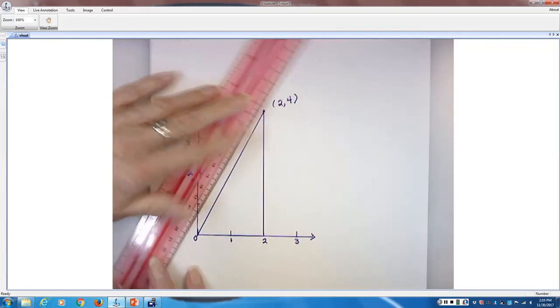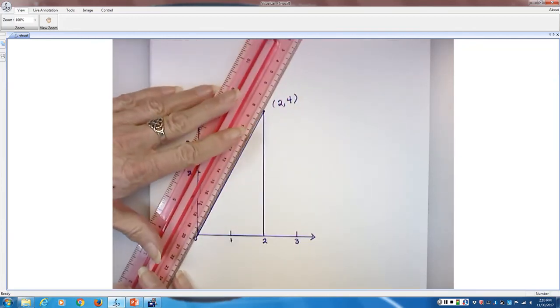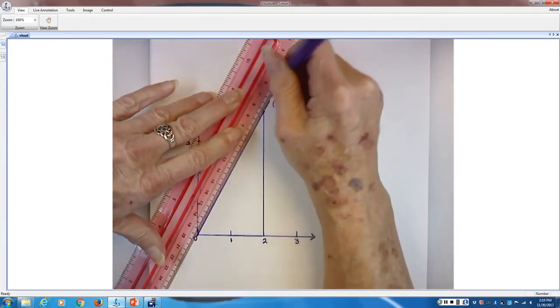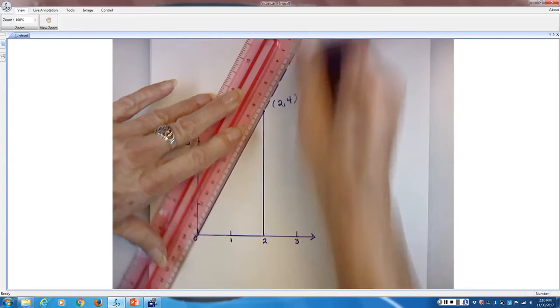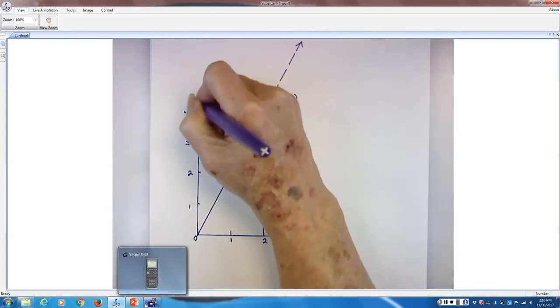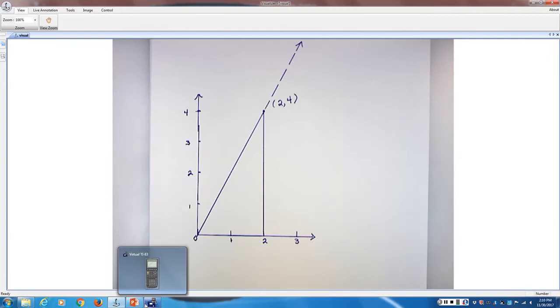Now, even though we know this function goes on, it continues on upward in that fashion. The part that we're interested in is only the part from 0 to 2.